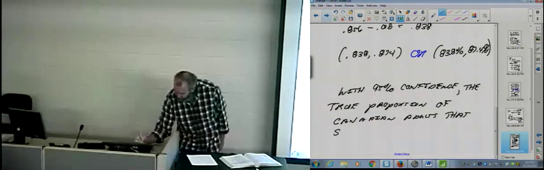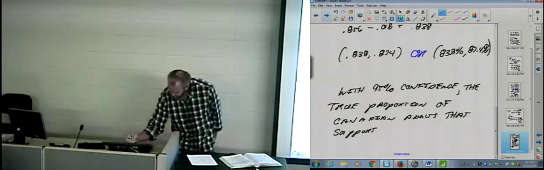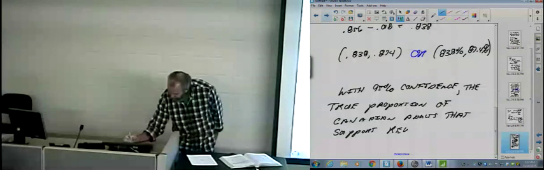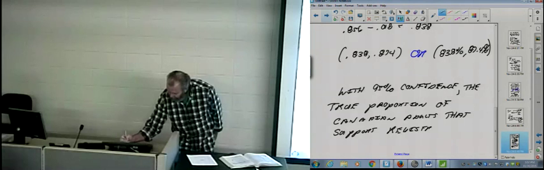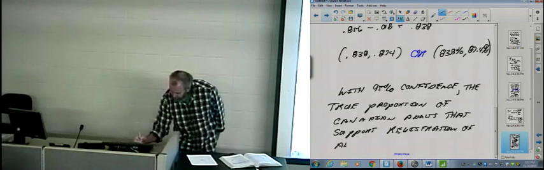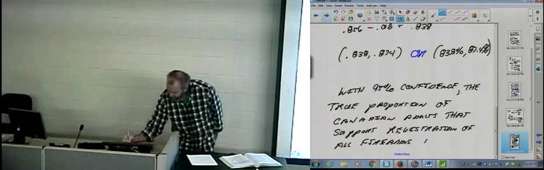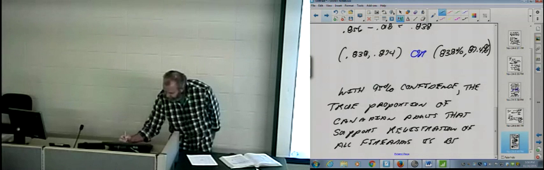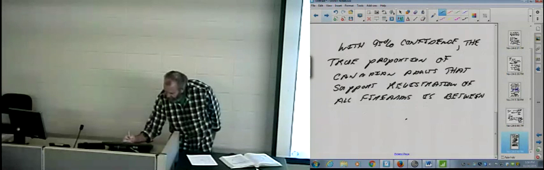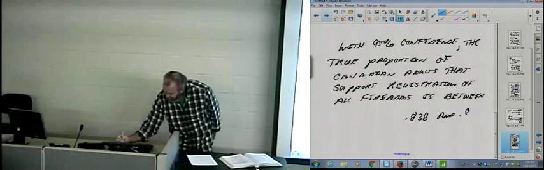Adults that support registration of all firearms is between, what is it, 0.838 and 0.874.